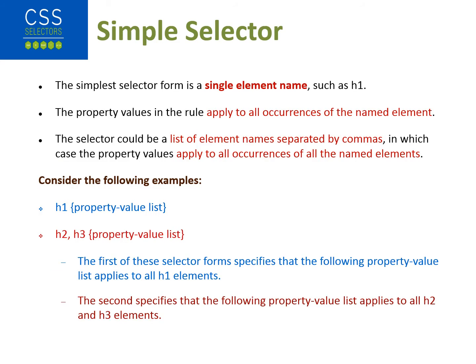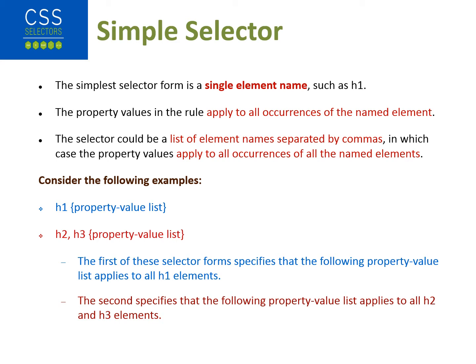First one is the simple selector. The simplest selector form is a single element name such as h1. The property values in the rule apply to all occurrences of the named element. The selector could be a list of element names separated by commas, in which case the property values apply to all occurrences of all the named elements.